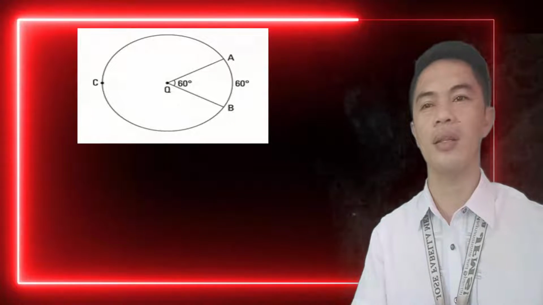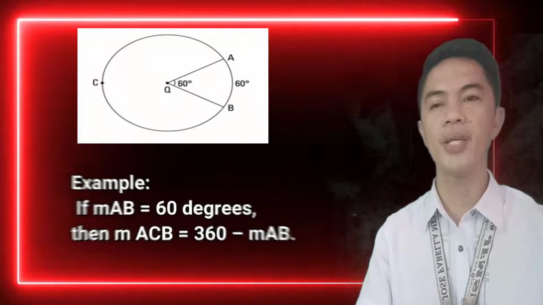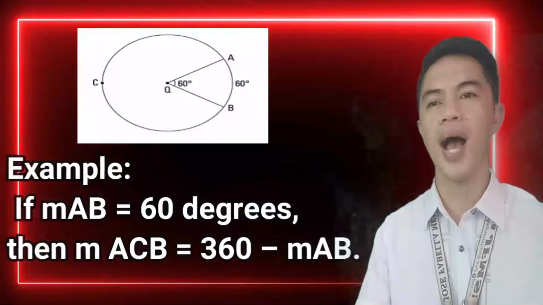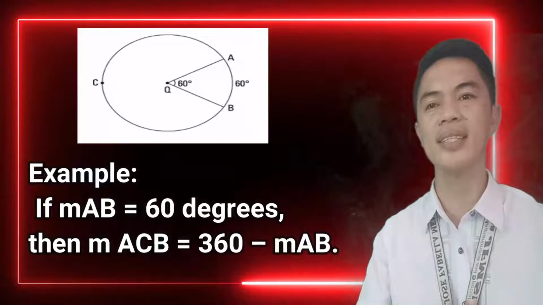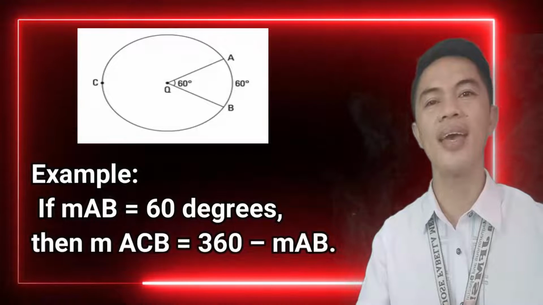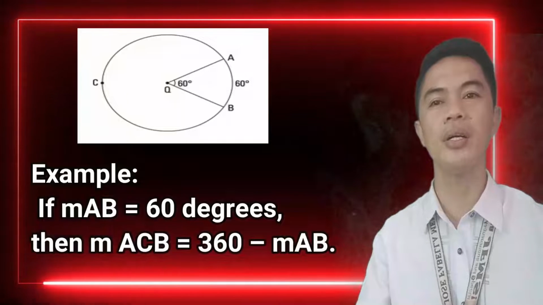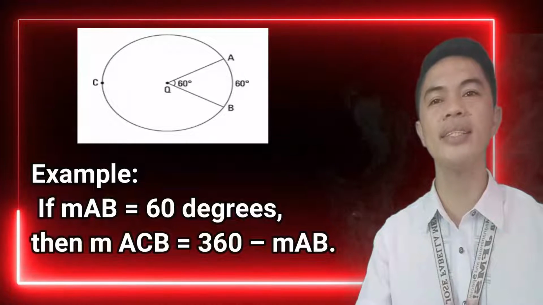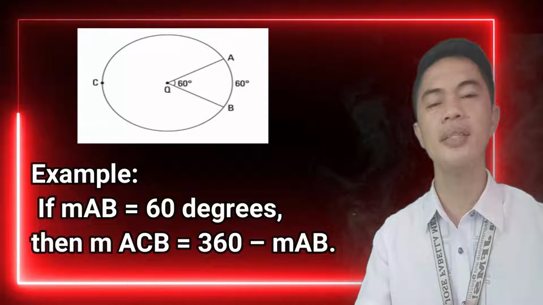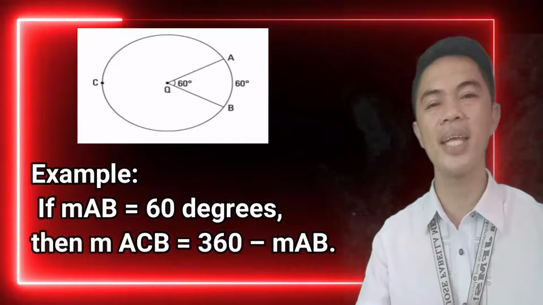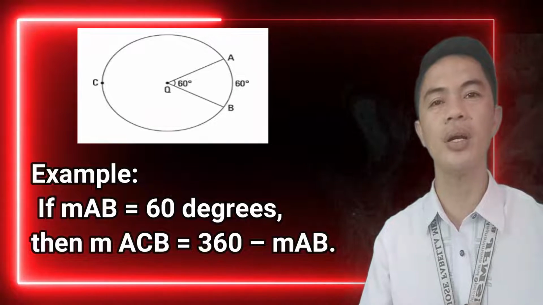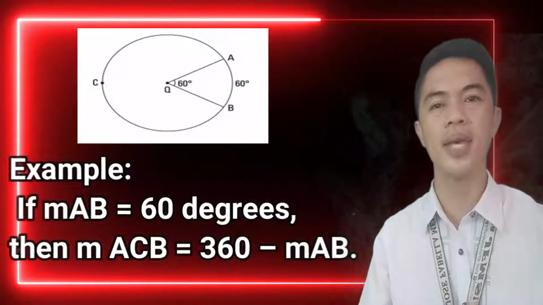For example, if the measure of arc AB is equal to 60 degrees, then the measure of major arc ACB is equal to 360 degrees minus the measure of arc AB.